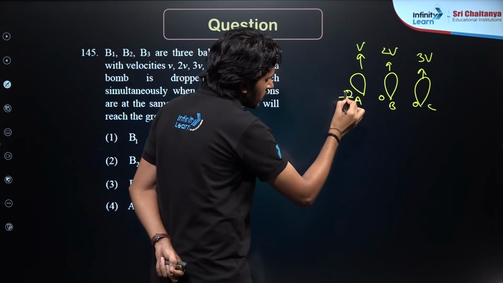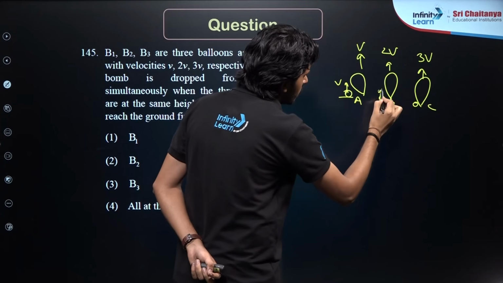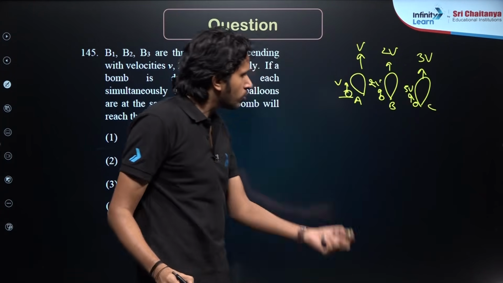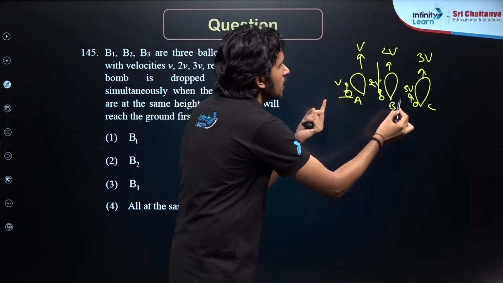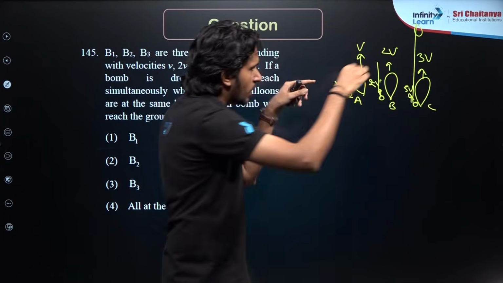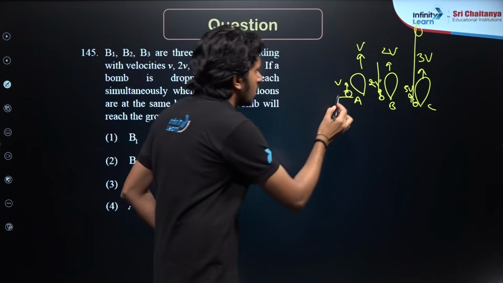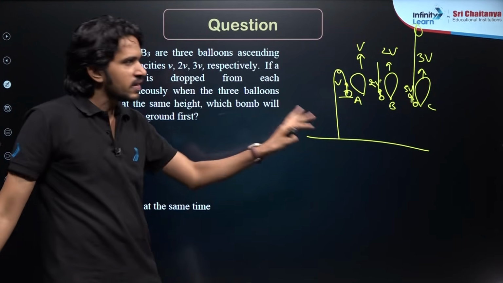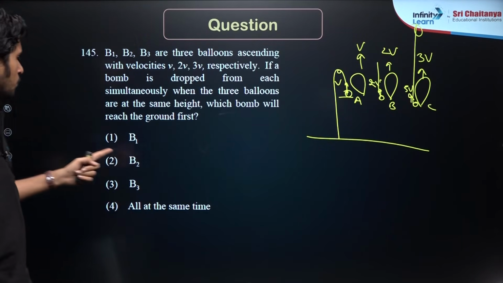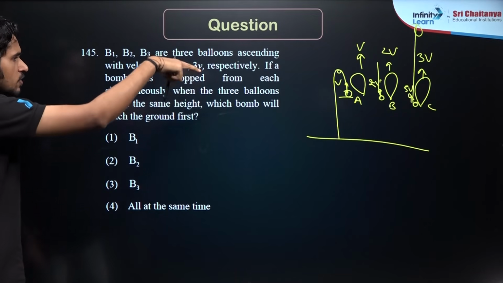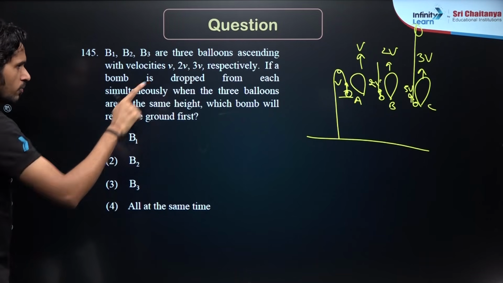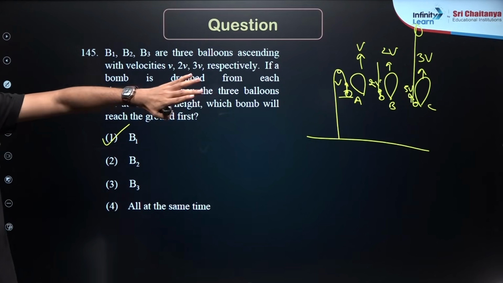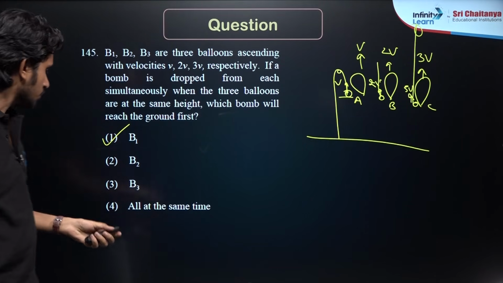So it has initial velocity v, initial velocity 2v, initial velocity 3v. That means it will go higher and then fall back. So which will reach the ground first?